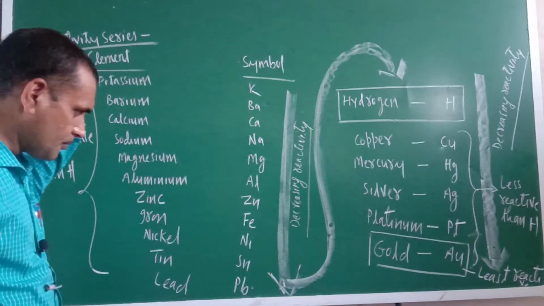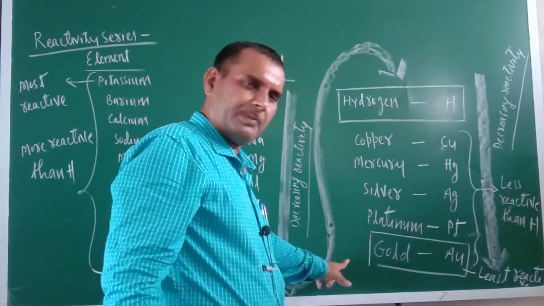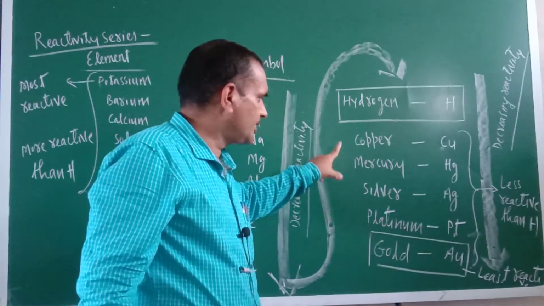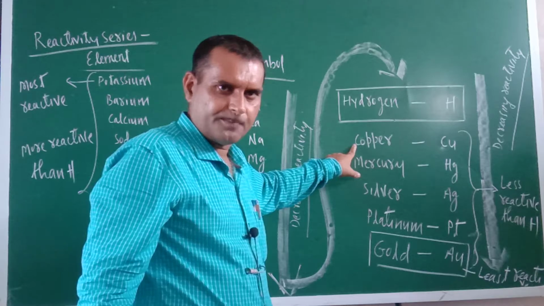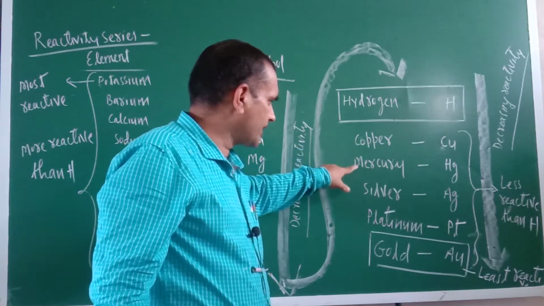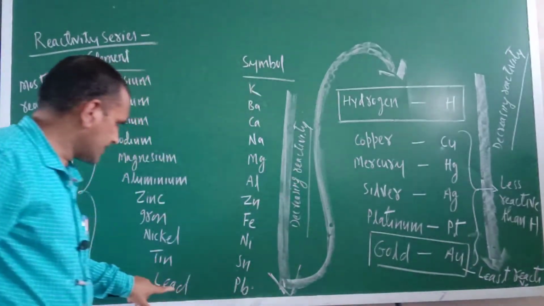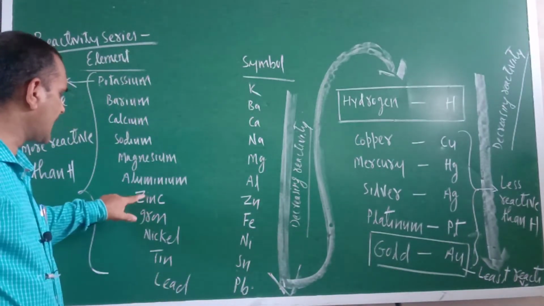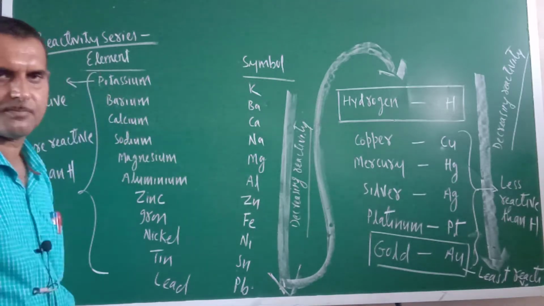One more thing, always remember, among these less reactive metals, copper is more reactive than mercury, silver, platinum and gold, but copper is less reactive than lead, tin, nickel, iron, zinc, aluminium, magnesium, sodium, calcium, barium and potassium.